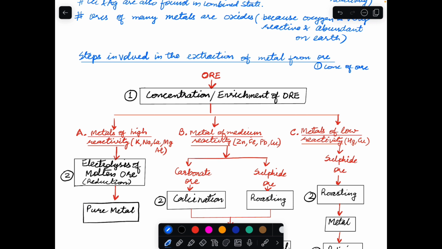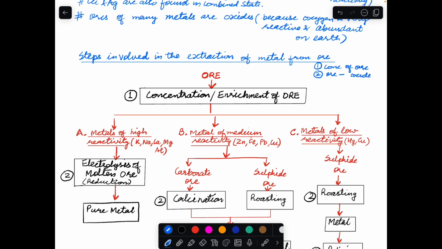The ore which we get from different mines has different dirt particles or impurities. So first we have to clean it. So cleaning of ore is the concentration of ore. Now after cleaning, the second step: in a few cases these ores are in the form of different compounds like sulfides and carbonates. So what we do, we convert the ore into the oxide. Why?